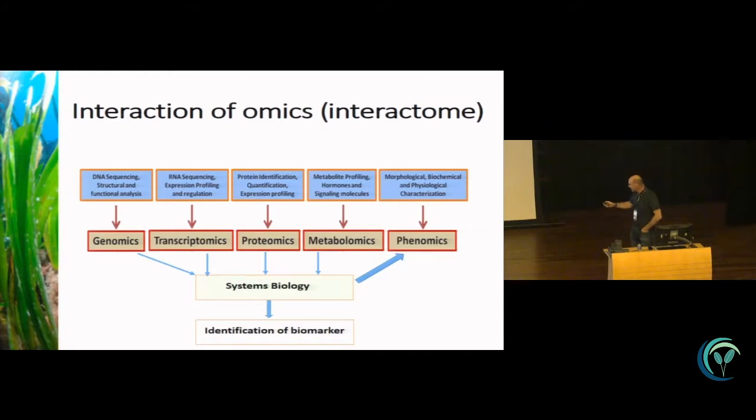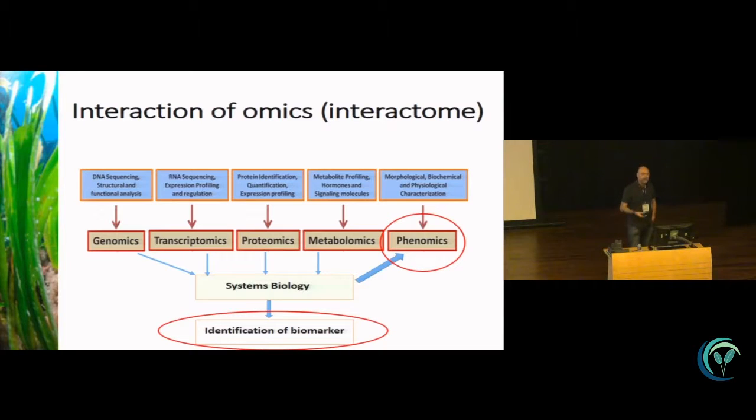Now, it's not all about just collecting cool data with omics on the end of it and coming down to this trendy thing called systems biology, which is actually quite a pain and quite difficult. What I'm interested in is these two things, the phenome of the plant, the phenotype, and also markers.